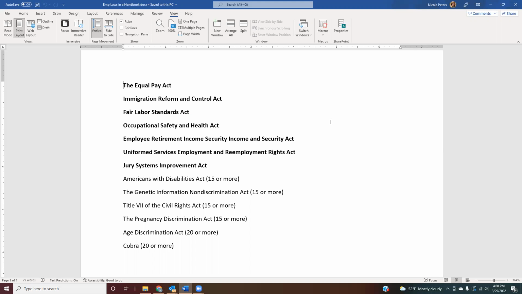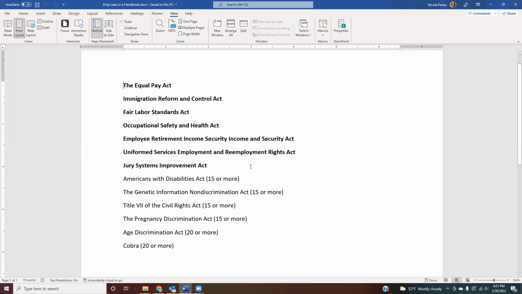The Employee Retirement Income Security Act talks about retirement. The Uniformed Services Employment and Reemployment Rights Act covers our military members. And last, the Jury System Improvement Act. All of these acts bolded on my screen apply to any organization regardless of their size.